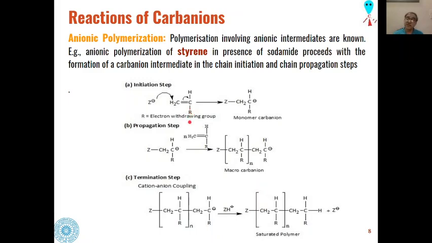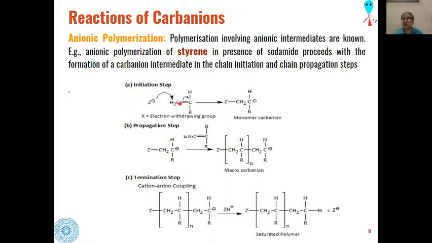So when R is phenyl, that means this will attract electron density towards itself, and this bond will neutralize the delta positive charge created on this carbon, and that is why this carbon will be an electrophilic carbon, and this will be attacked by the initiator. Z negative is an initiator used for these types of polymerization reaction.